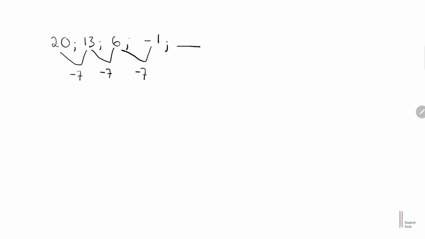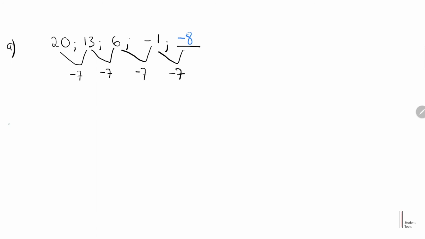So here we're dealing with an arithmetic sequence. So the common difference here will be -7. So the simplest way to find the next term after -1 will be to add -1 and -7. So what is -1 plus -7? That is -8. So for A, the next term is -8.